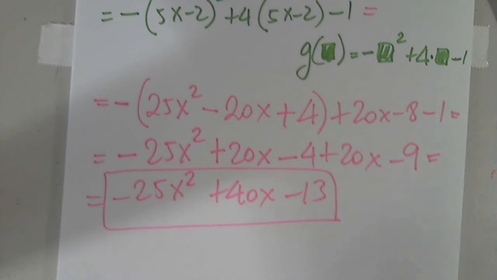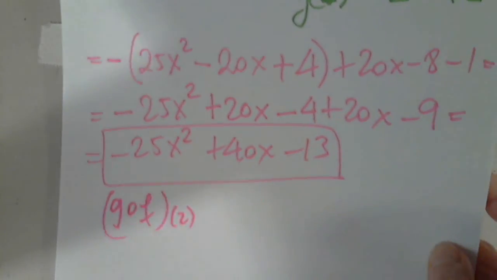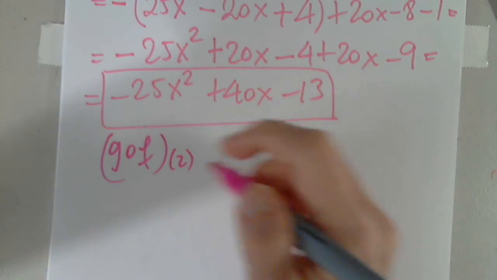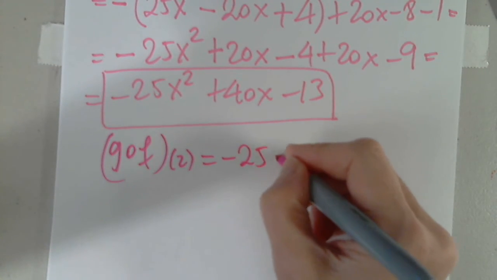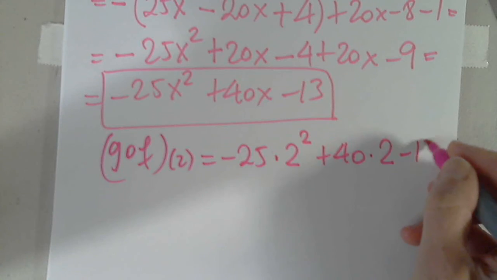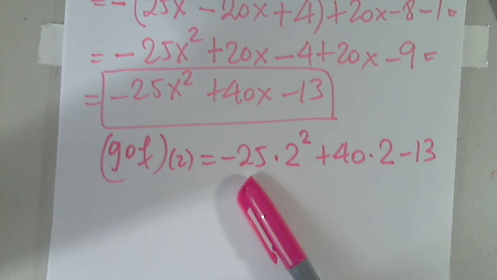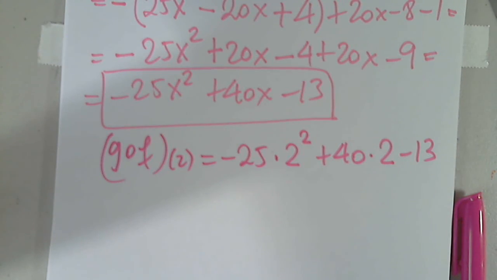Okay, finally, I need to find (g∘f)(2). And since I have the function, I don't have to reinvent the wheel. And I have negative 25 multiplied by 2 squared, plus 40 multiplied by 2, and minus 13. Be very careful because you have to square first and then multiply by negative 25.